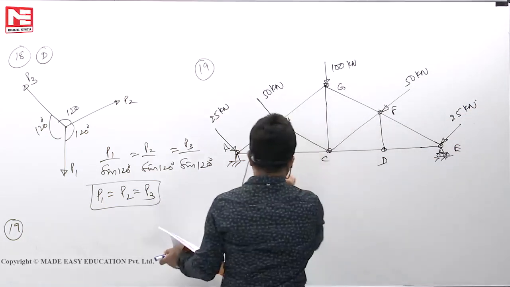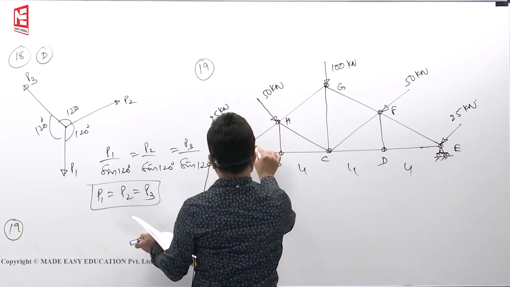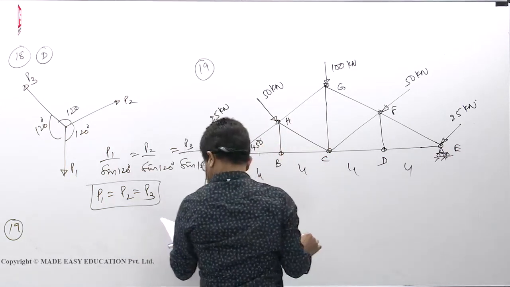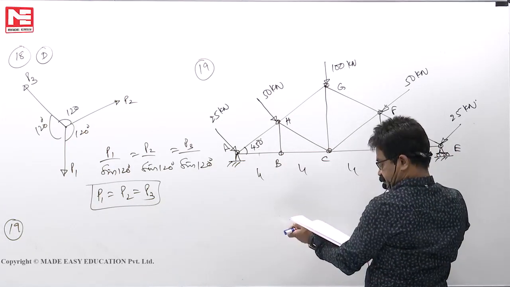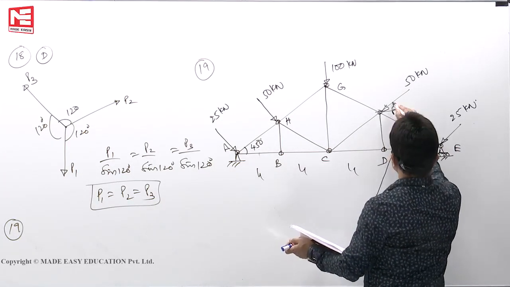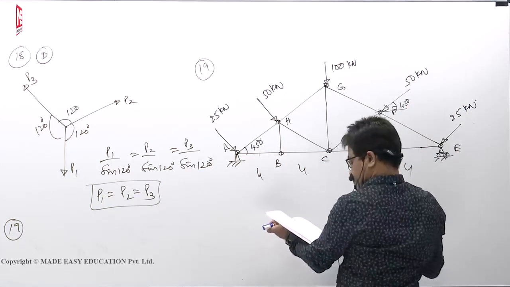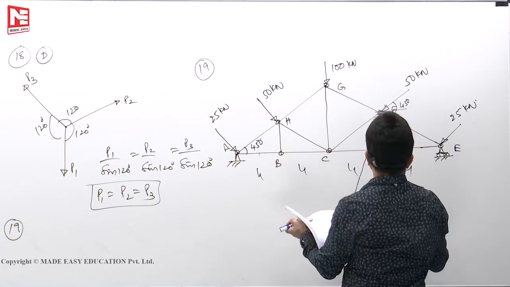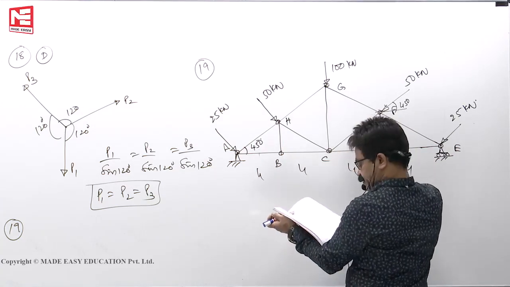All are inclined at 45 degrees. So the force acting in the same line is also 45 degrees. Perpendicular is acting. Which member do we want? Force in the member CF. CF. This force we want.